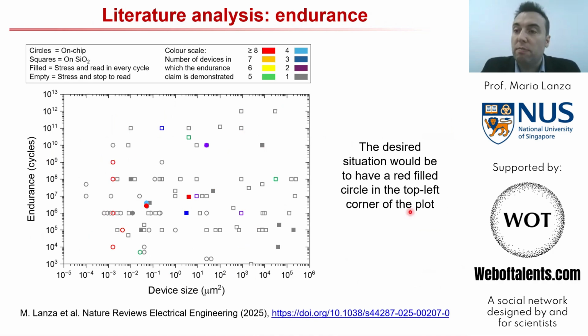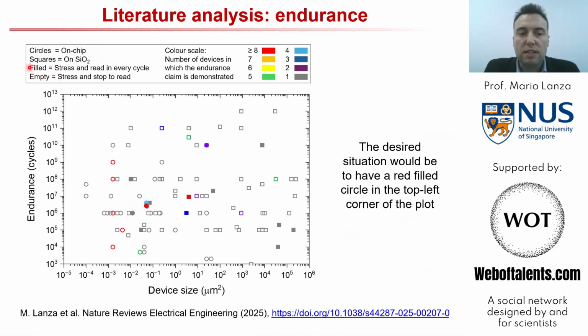So here we have made a literature analysis of what is the endurance reported in different publications. And we compare the values of endurance given with the device size employed in that study. We use circles or squares depending on if the study has implemented the memristor on the chip or just fabricated it on a dummy silicon dioxide substrate.